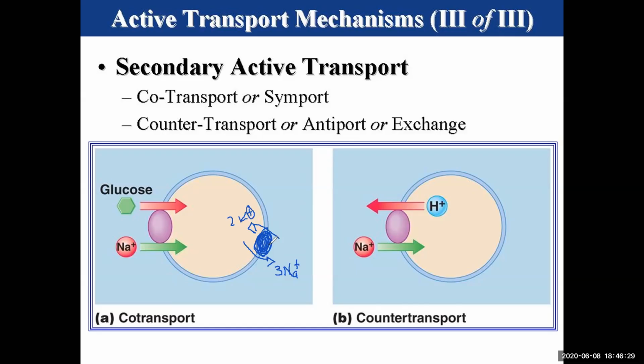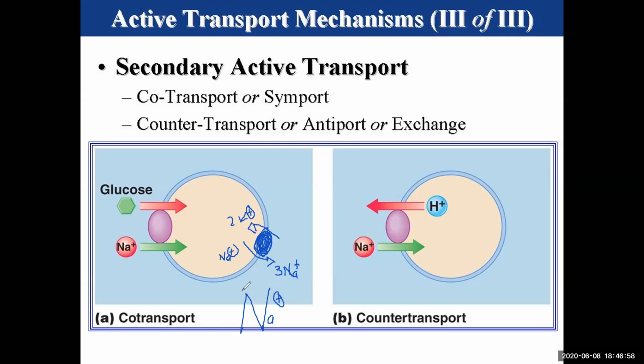So this consumes ATP, right? By doing this, the cell is setting up a concentration gradient of sodium. There's going to be very little sodium concentration inside the cell, because the sodium potassium ATPase is kicking out sodium, and it's making a lot of sodium outside of the cell. So it's setting up this concentration gradient of sodium.